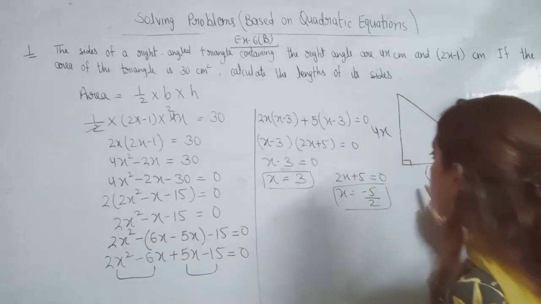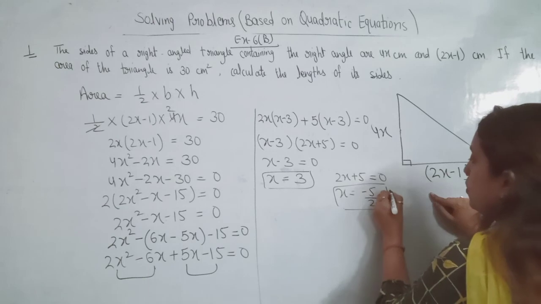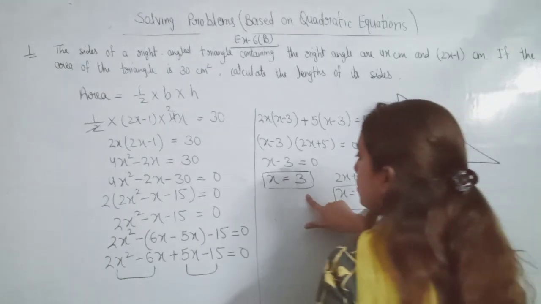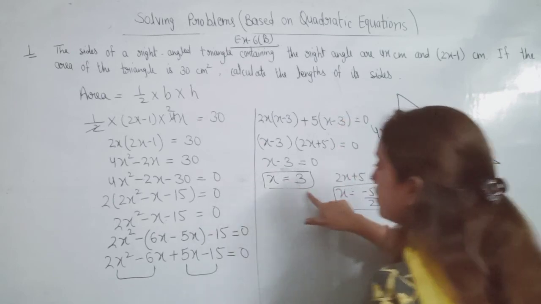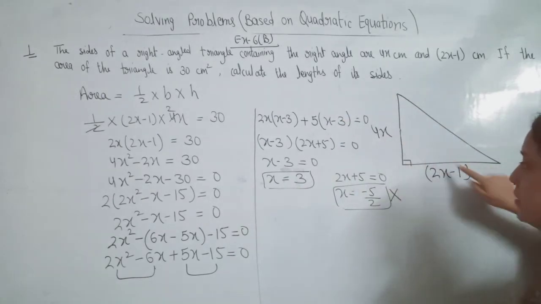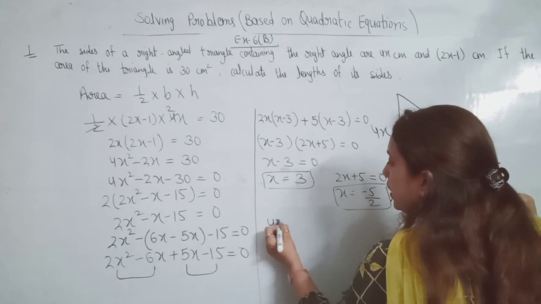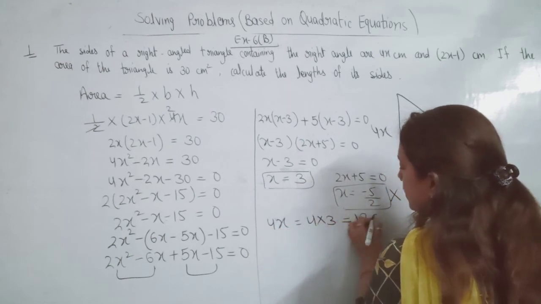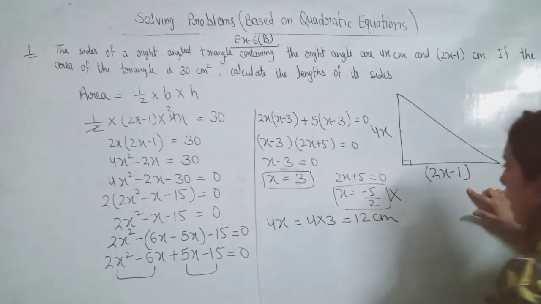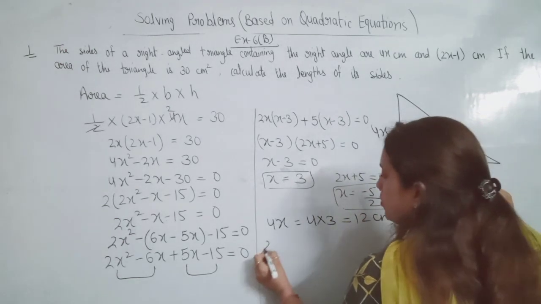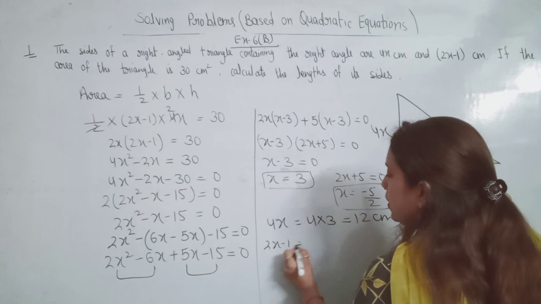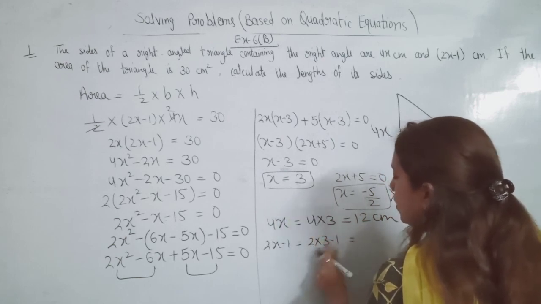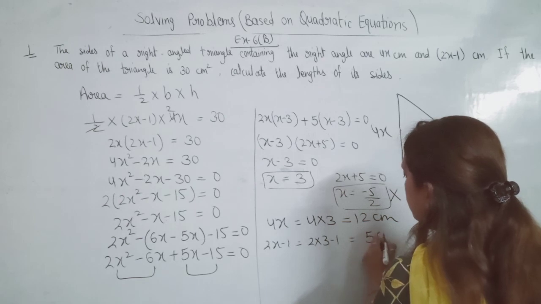And sides can't be negative, so we leave this value and we take x is equal to 3. x is equal to 3, then the sides are 4 into x is equal to 4 into 3, 12 centimeter, and the base is 2x minus 1, 2 into 3 minus 1, 6 minus 1, 5 centimeter.